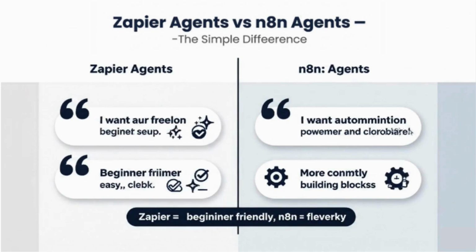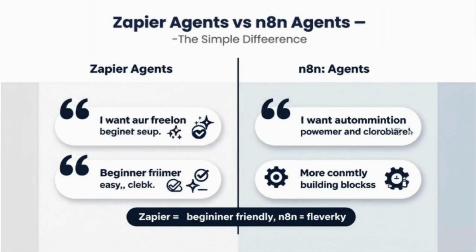Meanwhile, n8n is just built for control. It's built for people who want deeper flexibility. People who don't just want something that works, they want something that works exactly the way they want it to. So n8n feels like automation that you can decide. And you can think of it like this. Zapier is more like buying a ready-made solution. n8n is more like building the solution with your own structure.